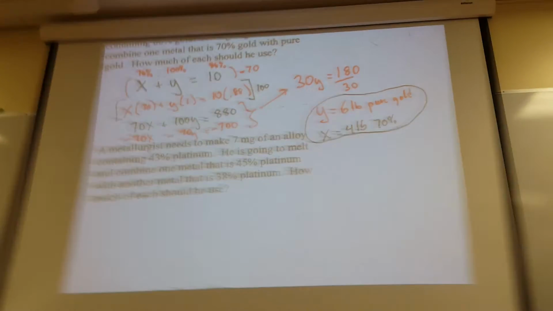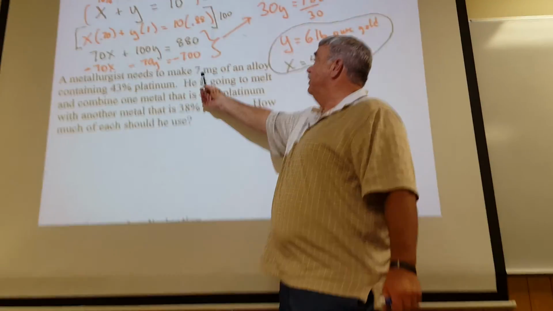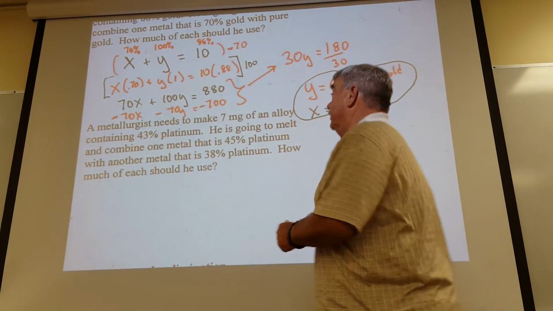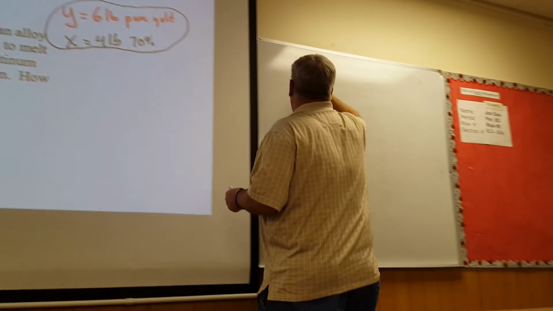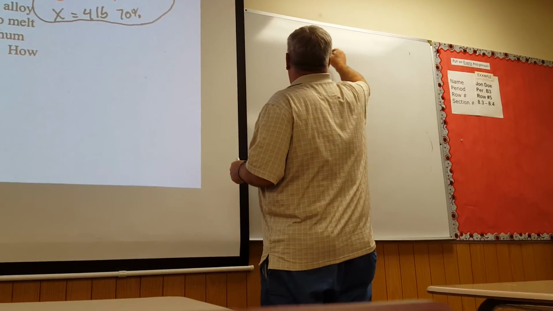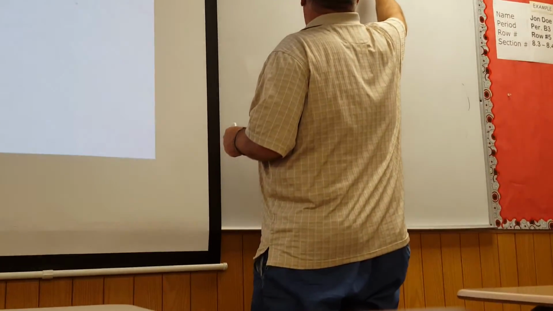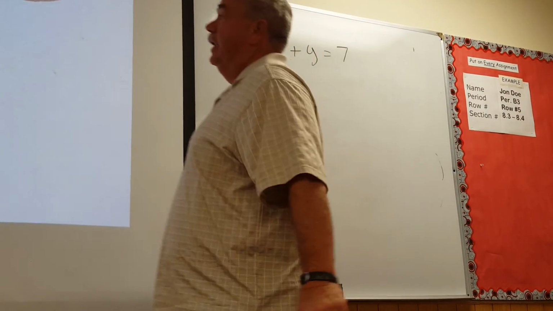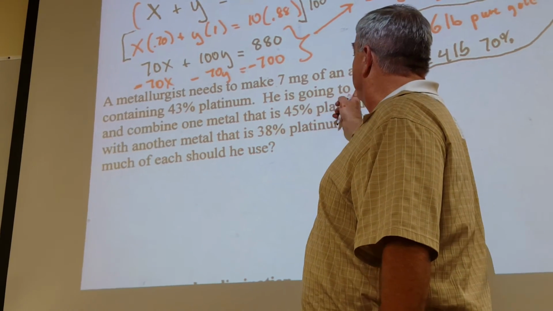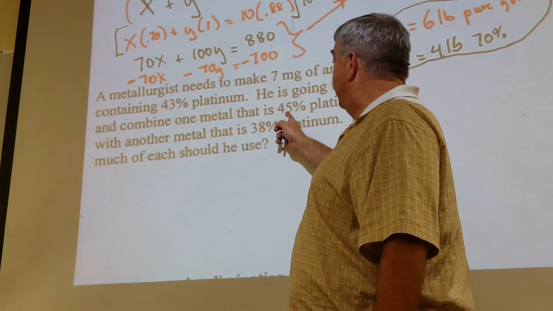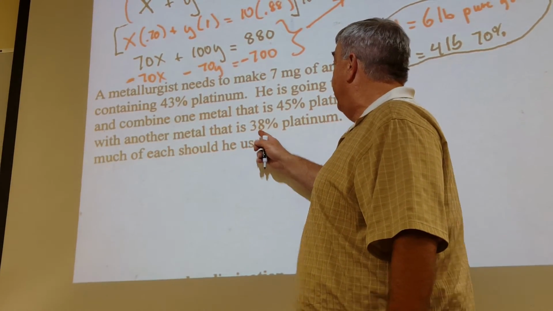Okay, so see, we're gonna make 7 milligrams of an element. So on that problem there, your x plus y is going to equal 7. Now, it's going to be at 43%. Now, he's going to melt 45% platinum with 38%.